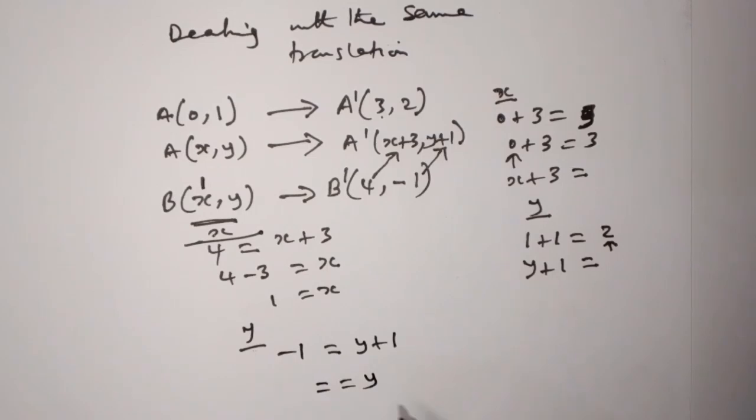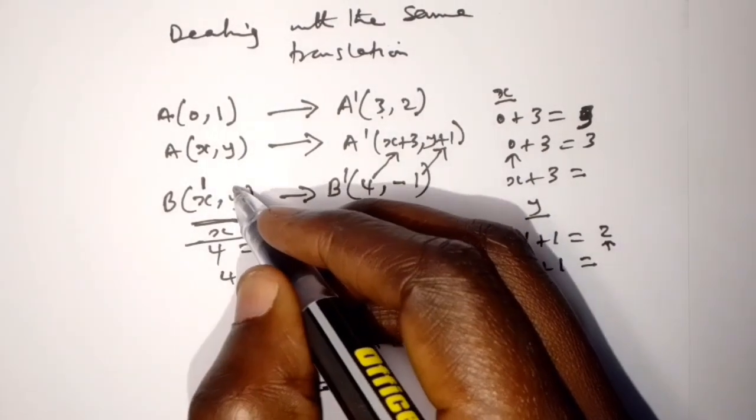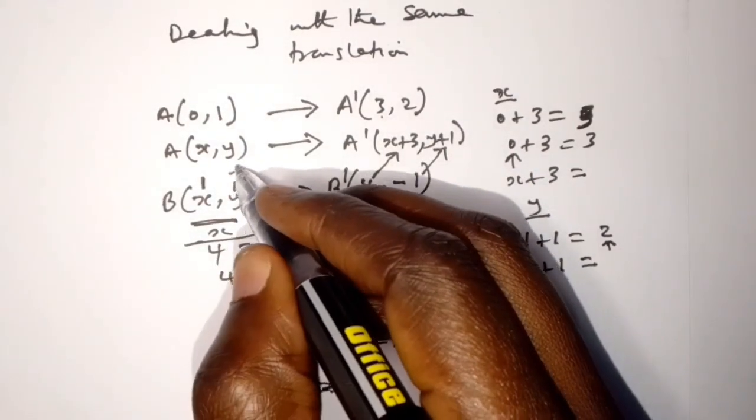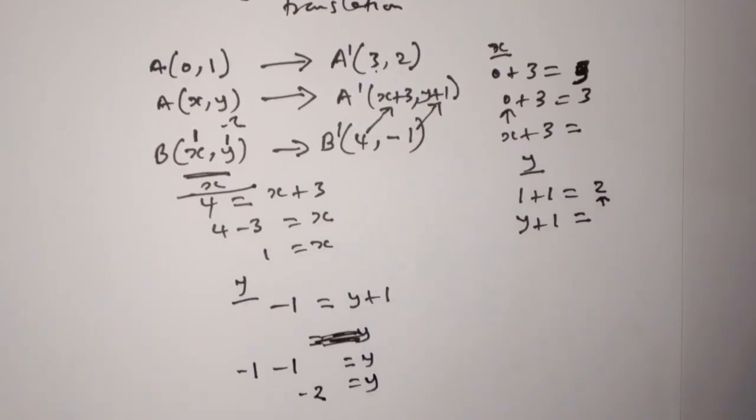We bring positive 1 to the other side, it becomes negative. So negative 1 minus 1 is equal to y. y is equal to negative 2.